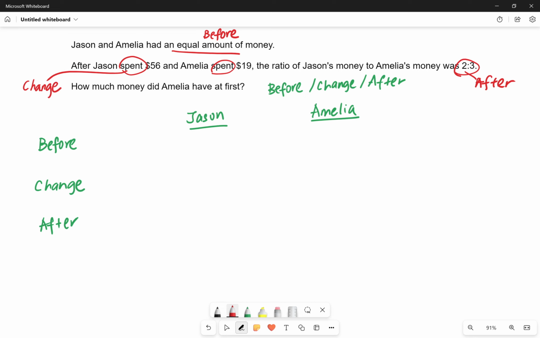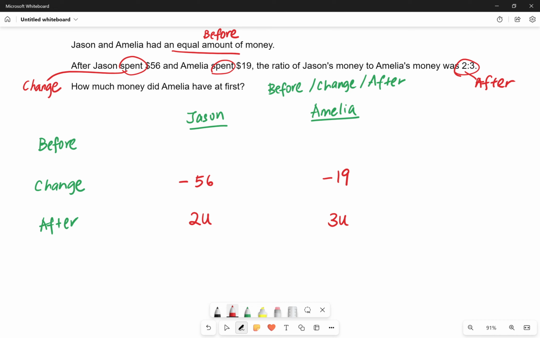For Jason, he had spent $56, so minus 56 for Jason. Amelia spent $19, therefore minus 19 for Amelia. From the question, we know that the amount of money that they had left is in the ratio 2:3. Therefore, in the after row, Jason has 2 units left, and Amelia 3 units left.